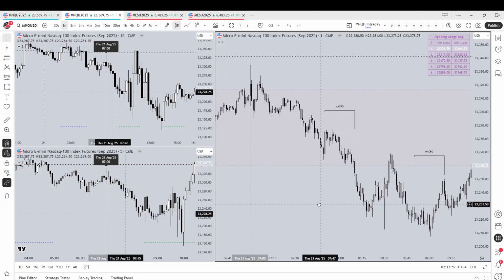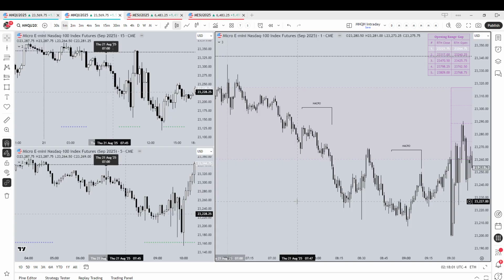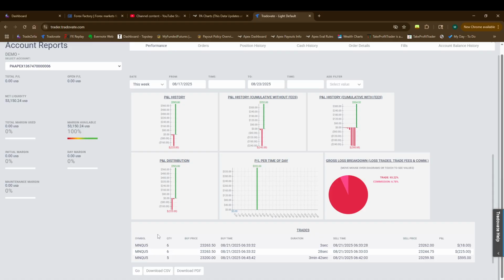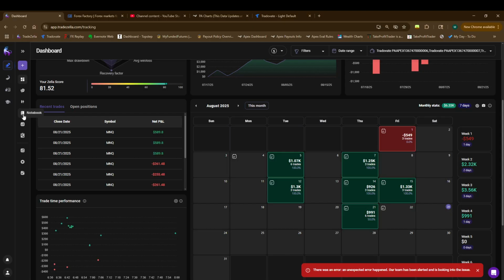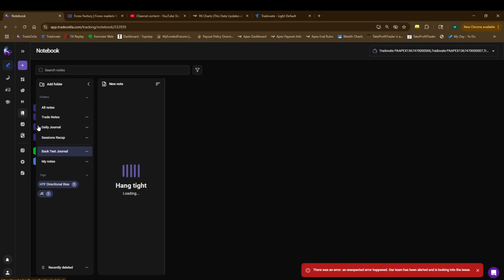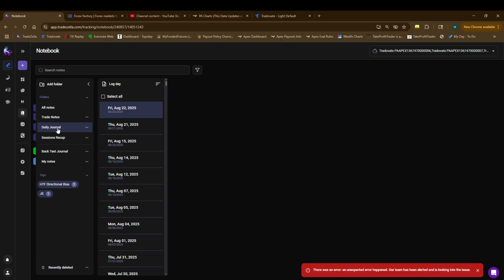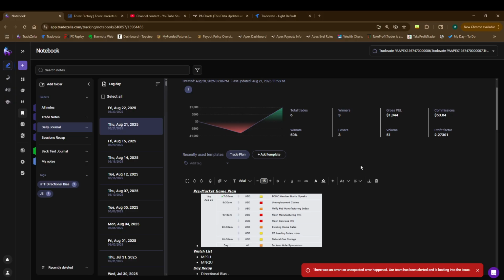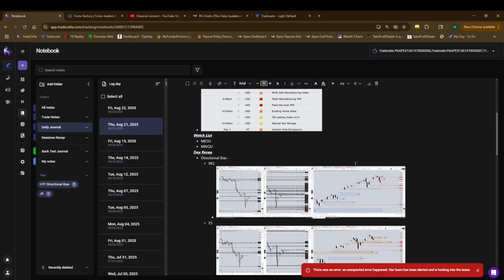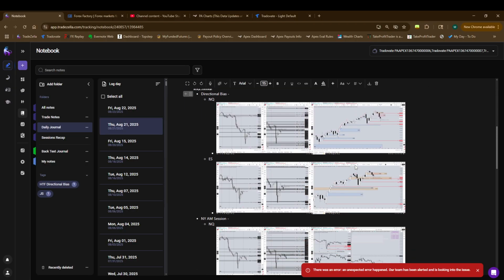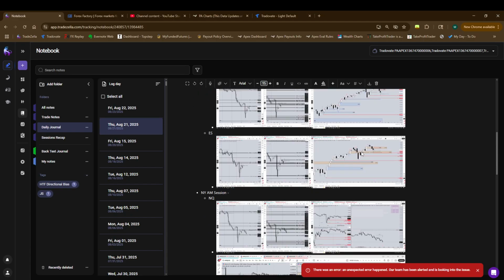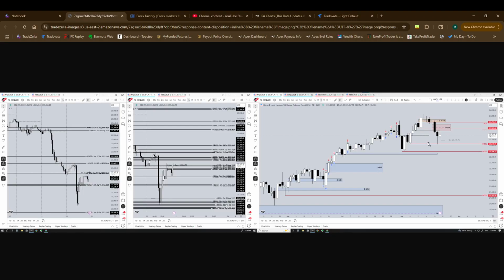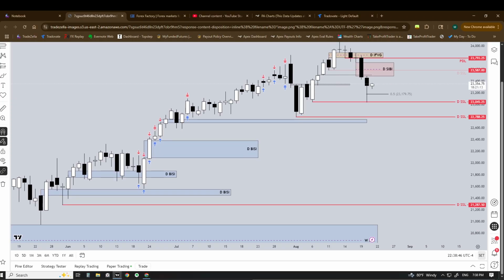Perfect. Now I want to pull up my notes as well, and we'll see what we're looking at here in more detail. Okay, so in the higher time frame, the screenshot was taken at 7:38.